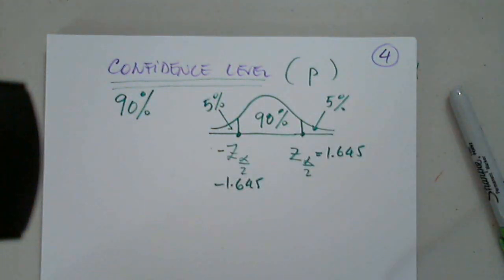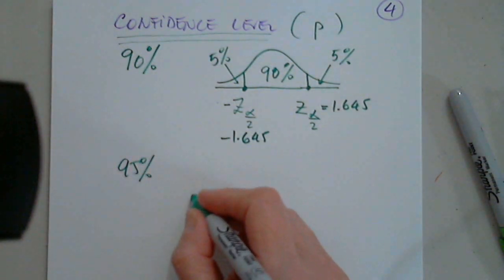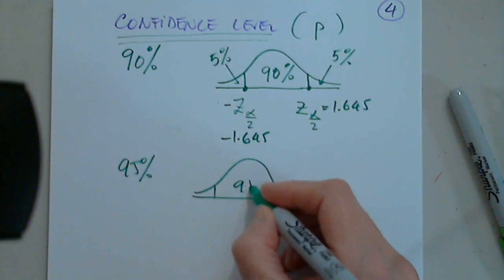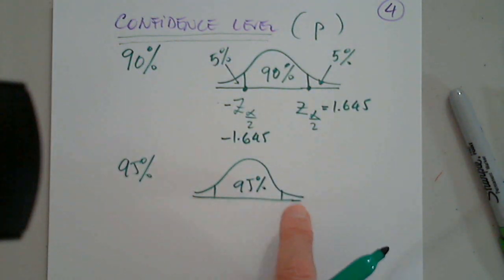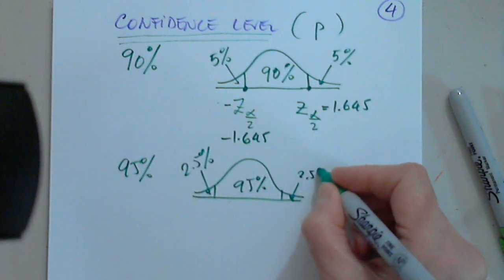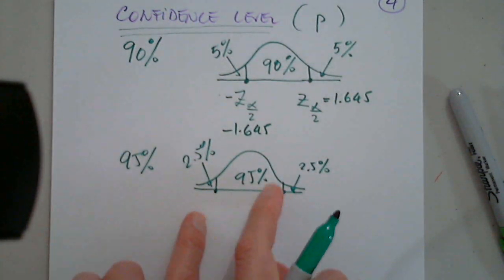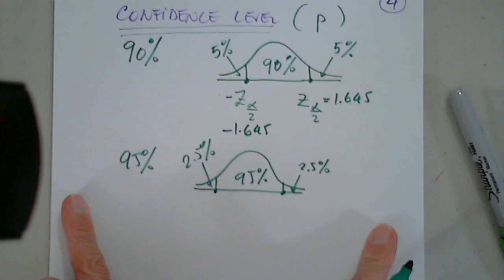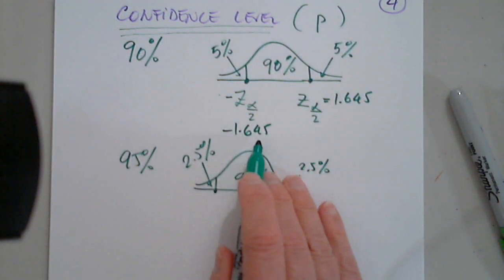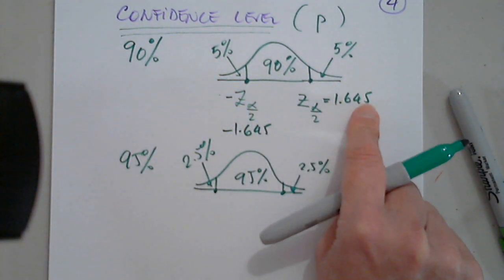Now, if you say, I don't want 90%, I want 95%. Okay, I will do the same thing. I don't have to memorize these numbers. Now I have here 95%, and this is 2.5% and 2.5%. And I will determine these numbers. Obviously, this is further away. If it's further away, this number has to be to the left of negative 1.645, as we know, and this number has to be to the right of 1.645.